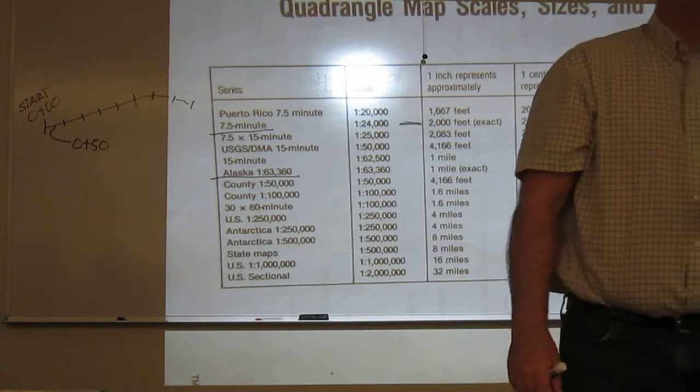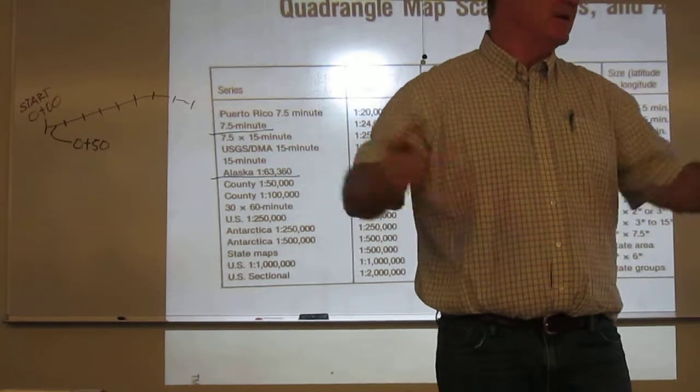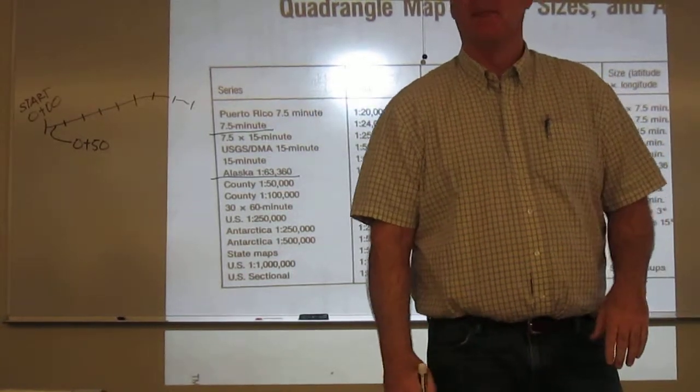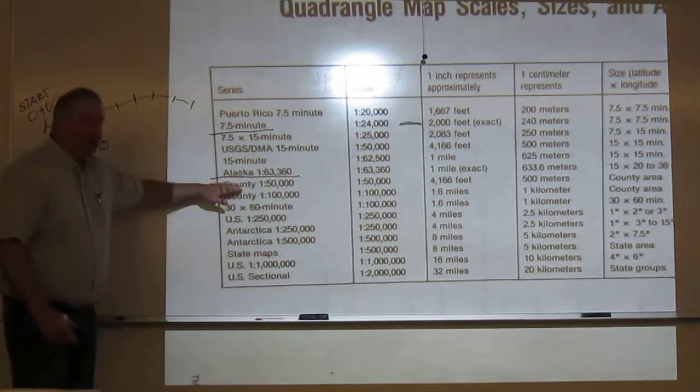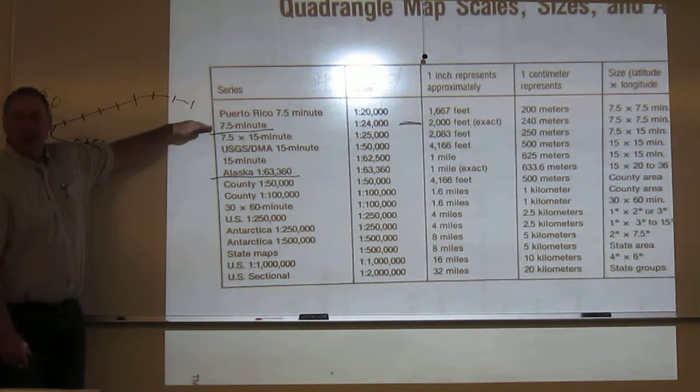This is good in the initial stages of design. I can say, hey, I've got 862 miles that I have to deal with. Eventually, this is too large a scale for us to do design on. We have to go to a smaller scale, and we generally go to this one right here, the 7.5 minute quad.